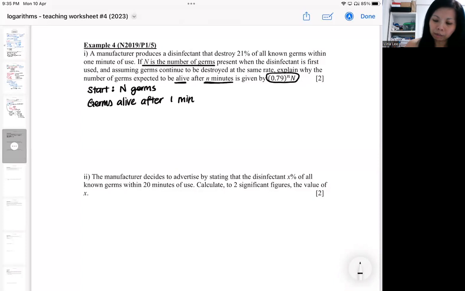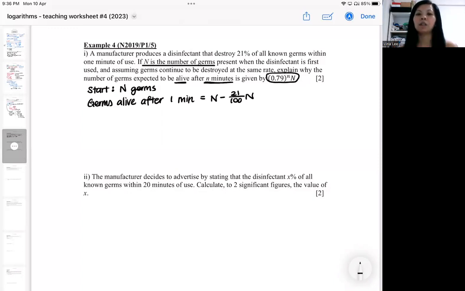In 1 minute, 21% is destroyed, so you take away whatever has been destroyed. So n minus 21 over 100 n.